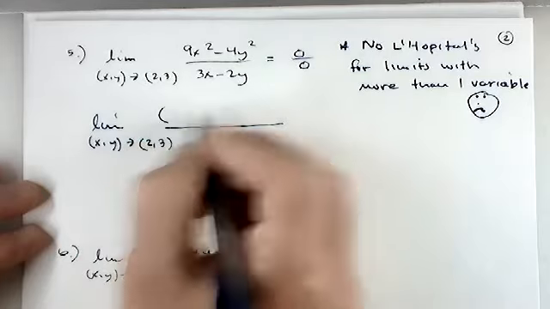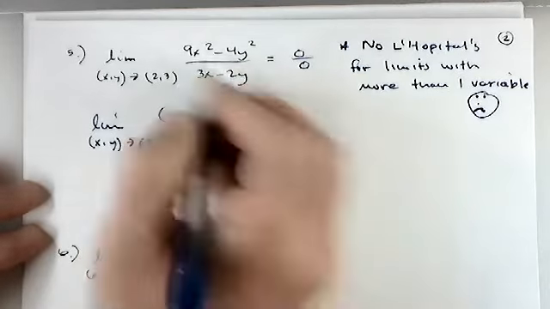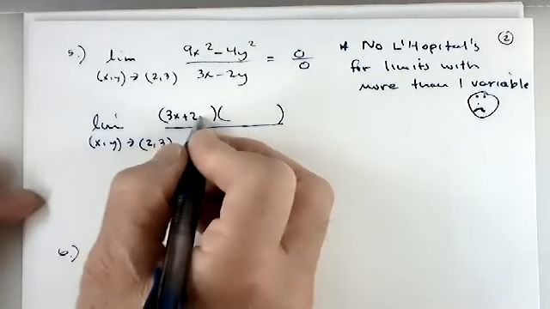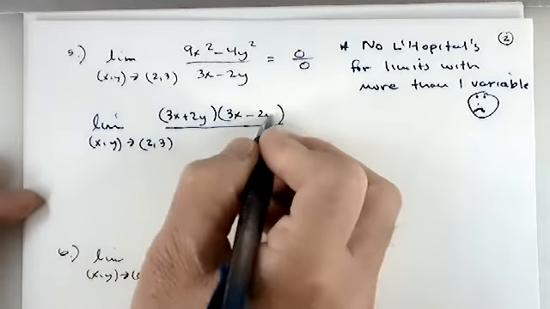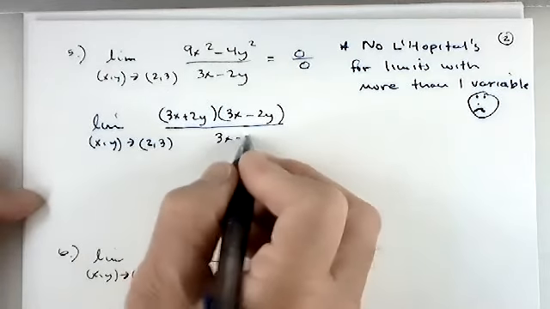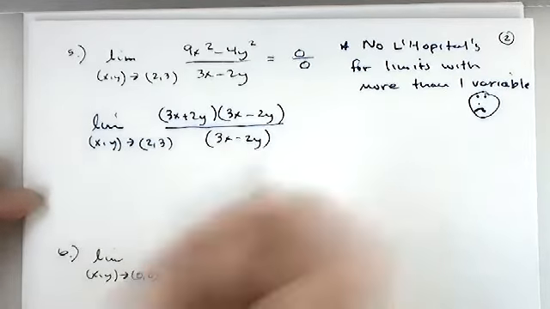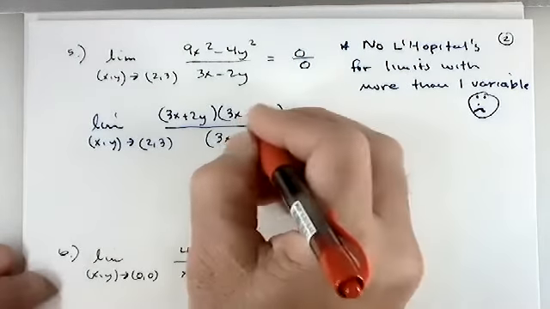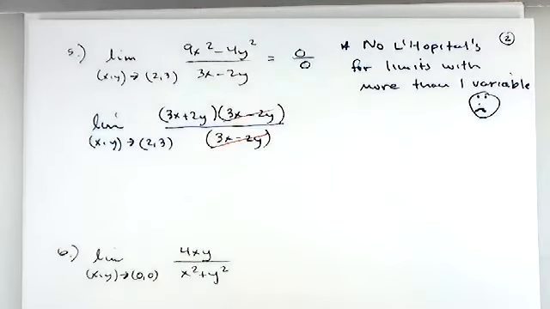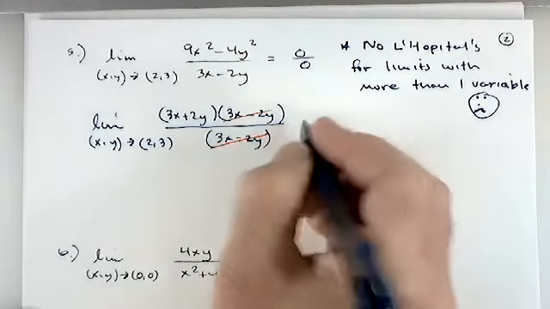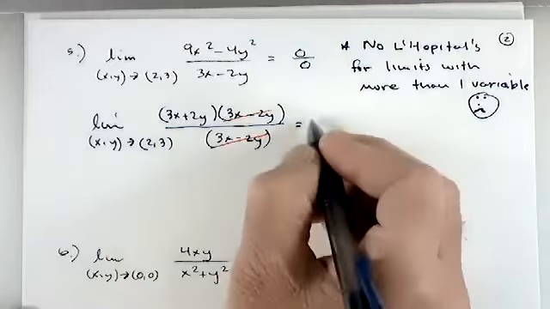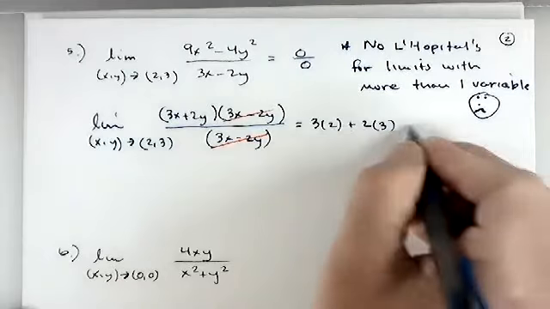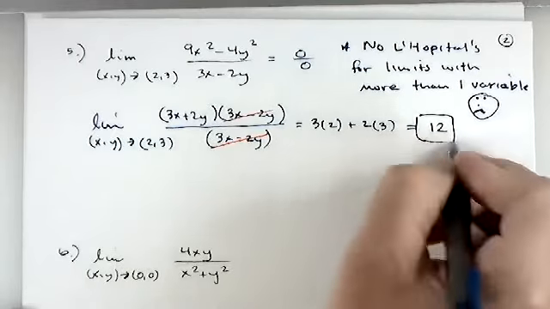This is actually a difference of squares. 9x squared minus 4y squared factors into 3x plus 2y times 3x minus 2y. And that allows me to cancel out the denominator. And once that happens, if I plug in 2 for x, so 3 times 2 plus 2 times 3, 6 plus 6, my limit will be 12 in this case.